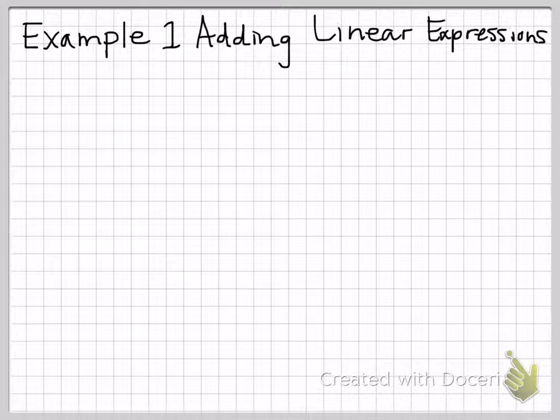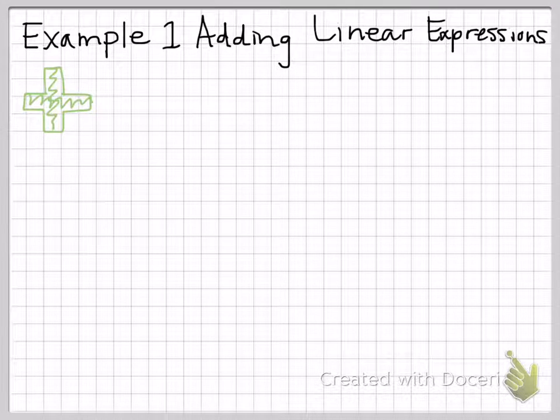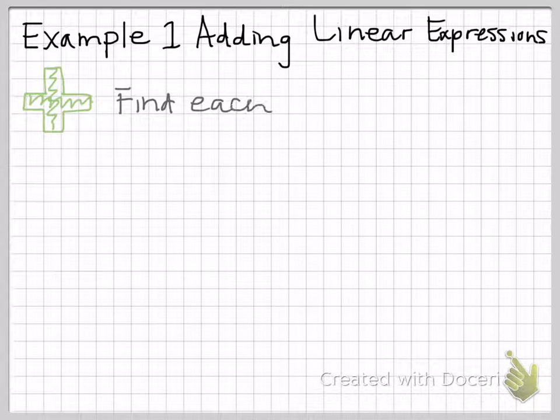And just to help me remember what this example is showing, I'm going to draw a very large addition sign and color that in. These are the two methods that we can use for addition. Okay, so it starts us off and it says find each sum.